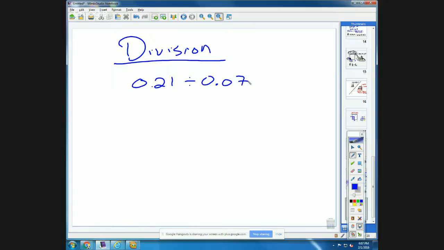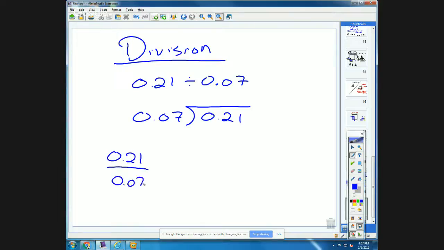That can also be written with the goes into box, 0.07 goes into 0.21. What other ways could I write this down? Kelly? Fraction? Yeah, it's a fraction. I could write it as 0.21 over 0.07. Now, what are legal things to do to fractions to keep them the same value but looking different?